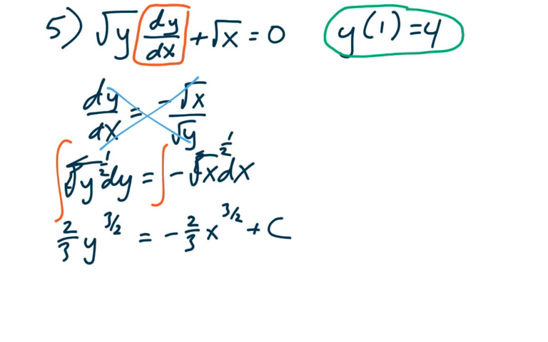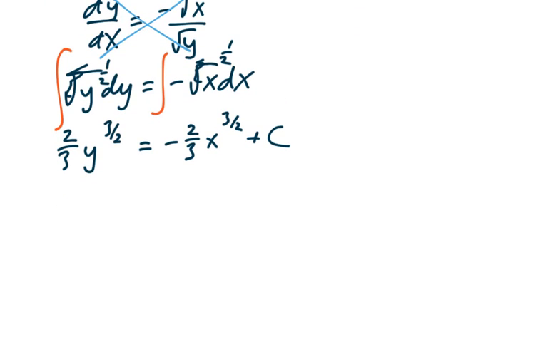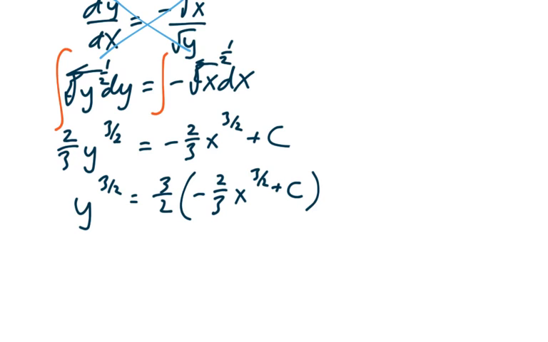All right, let's keep going though. Let's do it the way we've been doing before. Let's solve for y. Let's multiply everything first by 2/3. I'm going to multiply by 3/2 actually. How about y to the 3/2 power equals 3/2 times this whole mess, which looks like it's going to be terrible, but it's actually not that bad because 3/2 and 2/3 cancel, and I just get this.